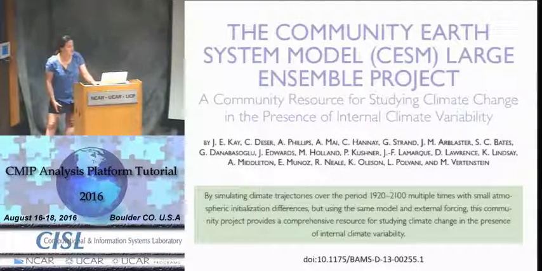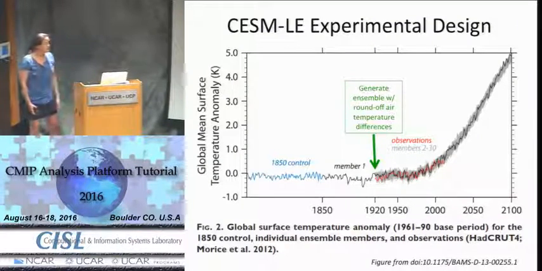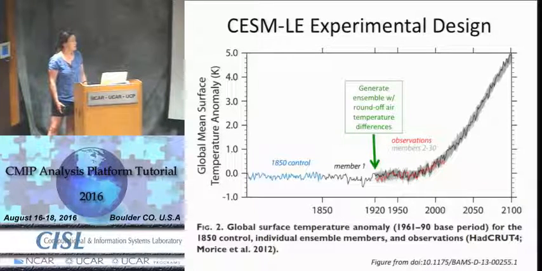So the classic picture to show the experimental design is this one, which is figure 2 from the BAMS paper. It shows the experimental design by plotting, just as a function of time, the global mean surface temperature anomaly. So you see the 1850 control.